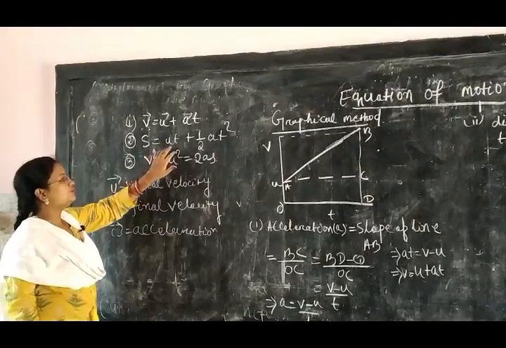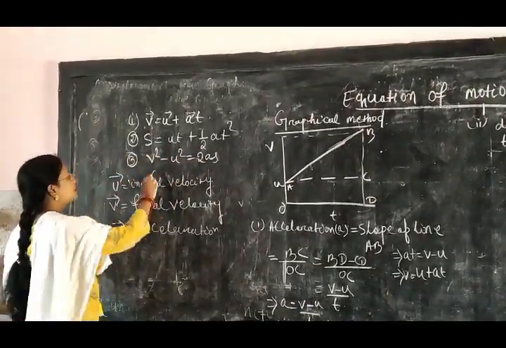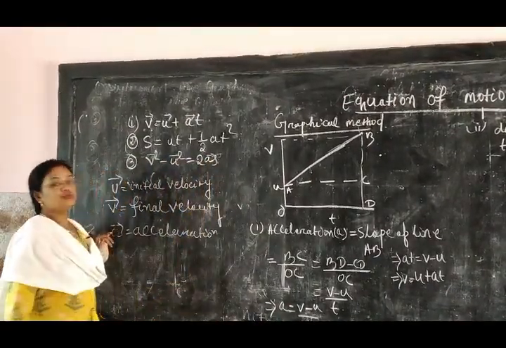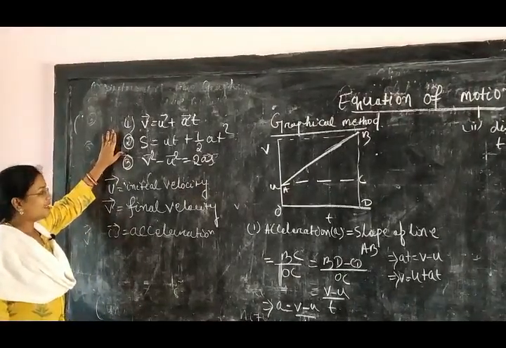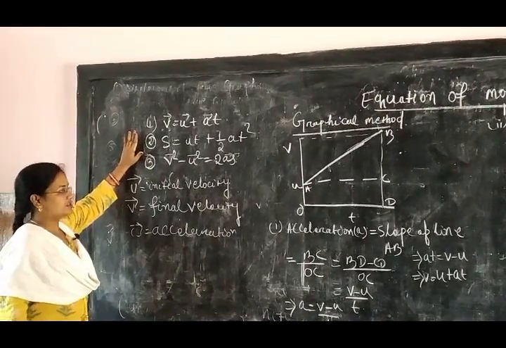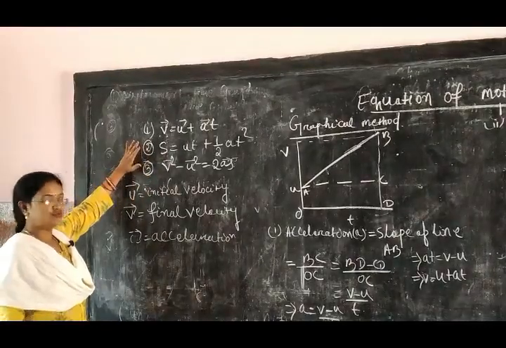And s equals ut plus half at square. This is your second equation of motion. And the third equation of motion is v square minus u square equals 2as. These are the three equations of motion. This is valid for uniform acceleration. So we will derive these three equations of motion.